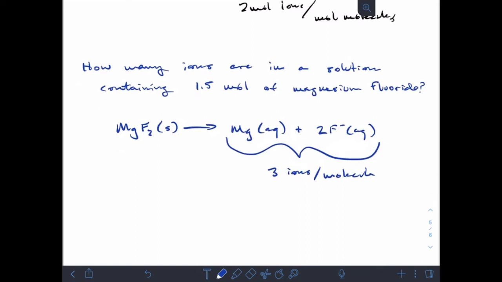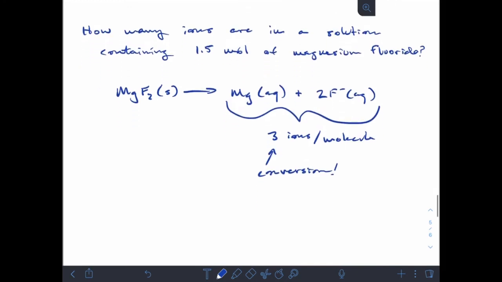So this becomes a conversion factor. I'm going to keep using this strategy of using ratios as conversion factors to help us solve these problems. That way you have one method for solving all of these questions.